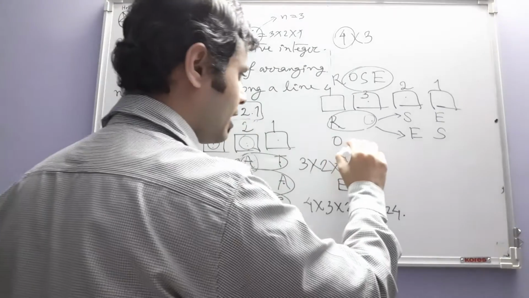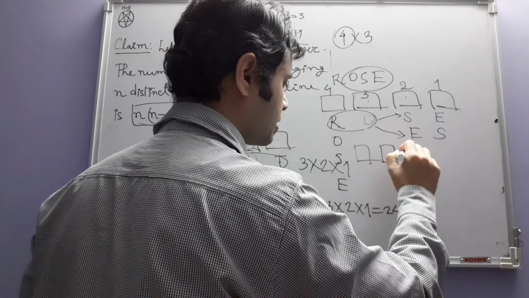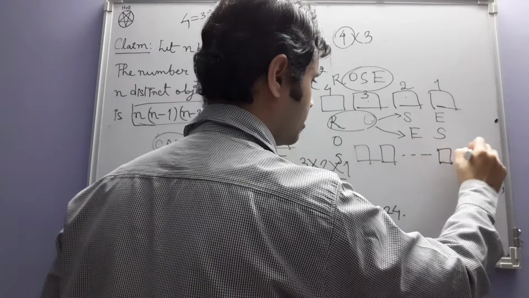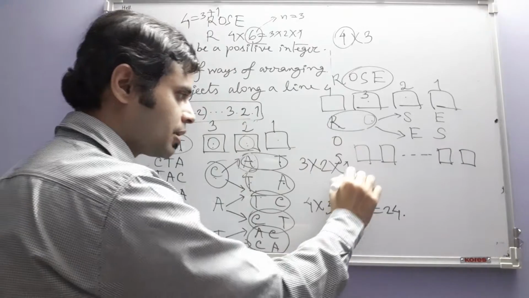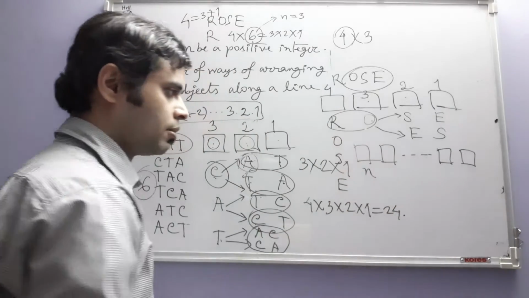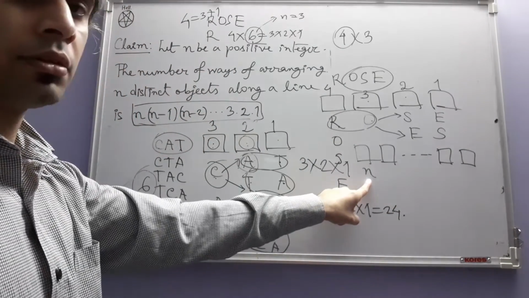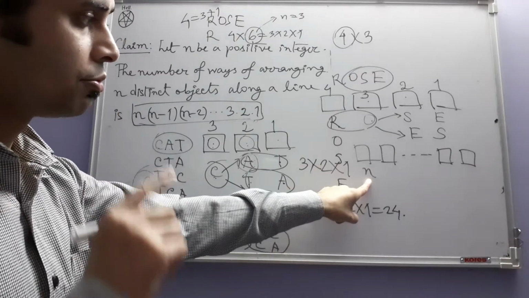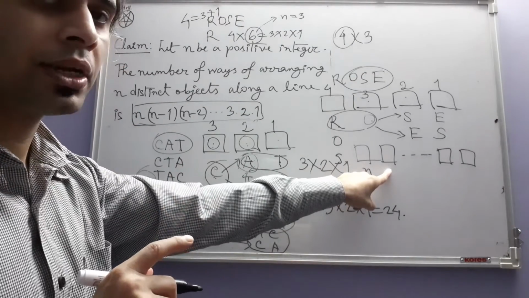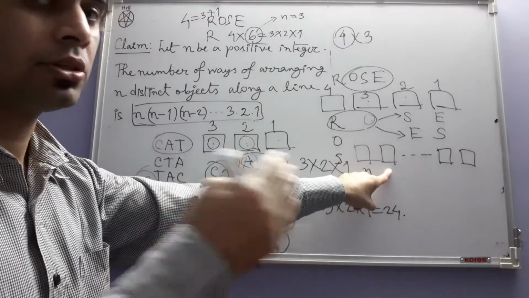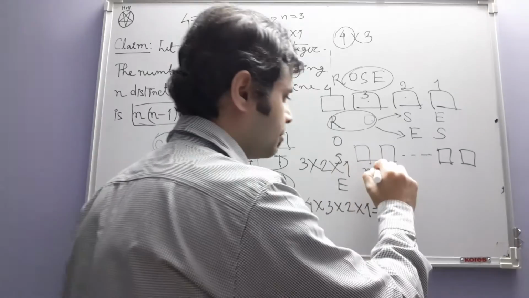It's because we have n places. N is any positive integer. For the first place you have n choices. Once one choice has been made, the second place has n minus 1 choices because one has already been made.